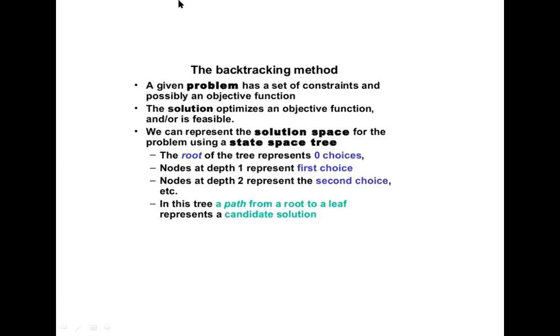So what is tree organization? I am just explaining the tree organization. See here, I am taking this as one.